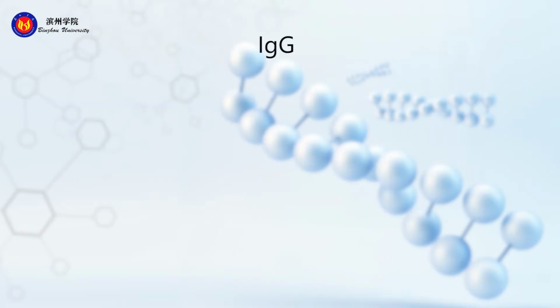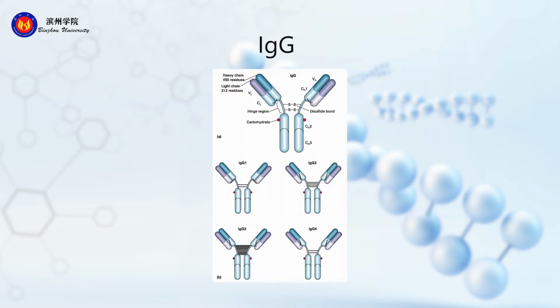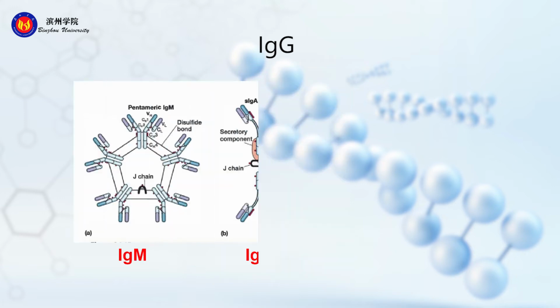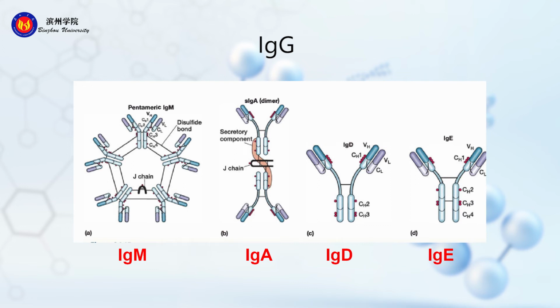One of them is IgG, which can be further classified into IgG1, 2, 3, and 4. The other 4 classes are IgA, IgM, IgD, and IgE. All these antibodies share a basic structure that varies in order to accomplish specific biological functions.